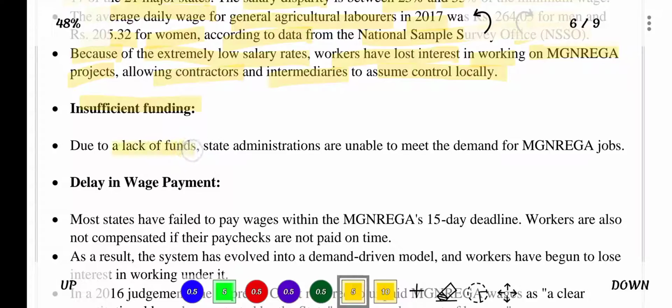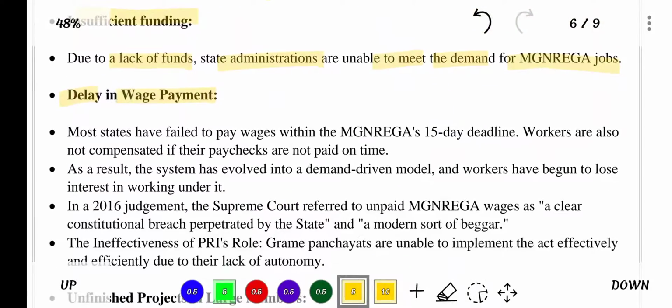Due to a lack of funds, state administrations are unable to meet the demand for MGNREGA jobs. Delay in wage payment. Most states have failed to pay wages within the MGNREGA's 15-day deadline. Workers are also not compensated if their paychecks are not paid on time.